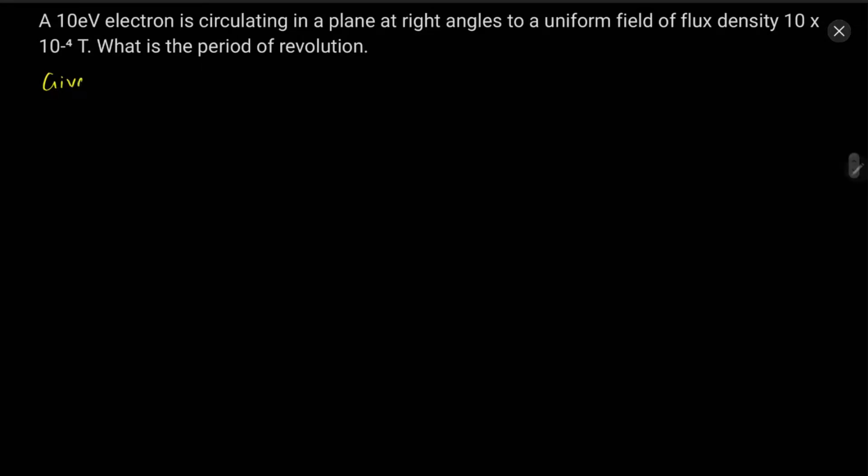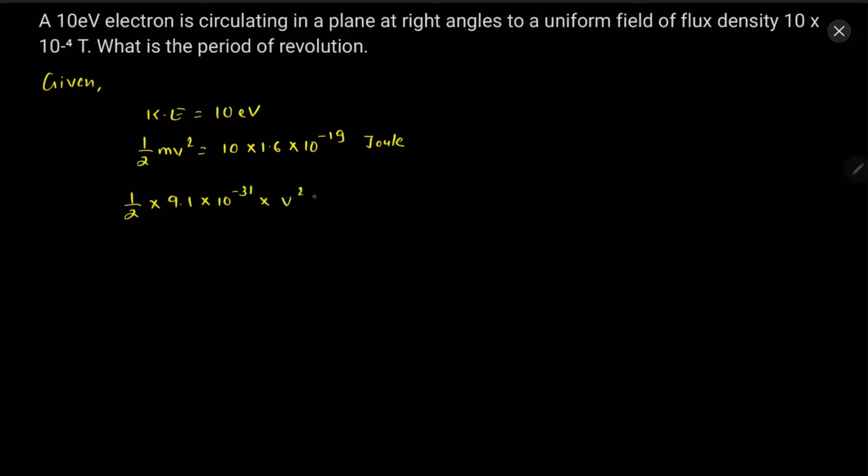So here, given the kinetic energy of the electron is 10 electron volt, or half mv square is 10 into 1.6 into 10 power minus 19 joule of energy. We put the values: electron mass is 9.1 into 10 power minus 31 into v square is equal to 10 into 1.6 into 10 power minus 19.